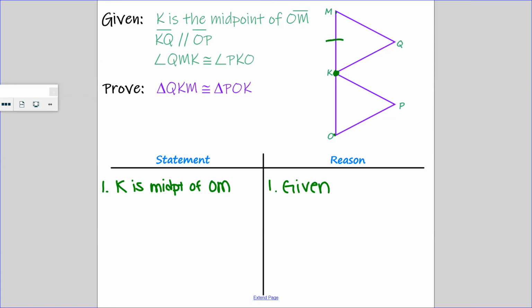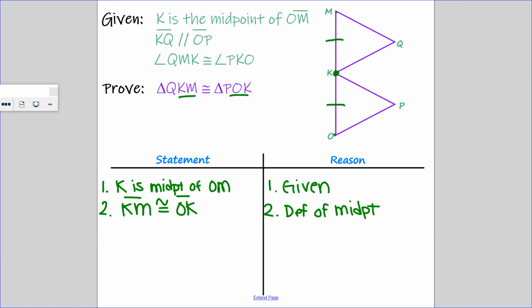MK and OK. So MK and KO, just make sure you're following those orders from that proving statement. So KM is congruent to OK, and that is by definition of what? Of midpoint.